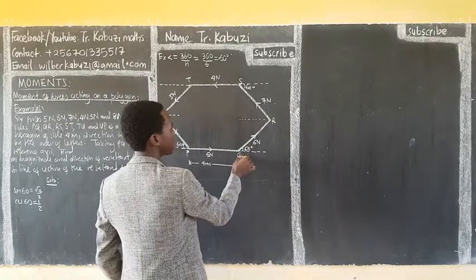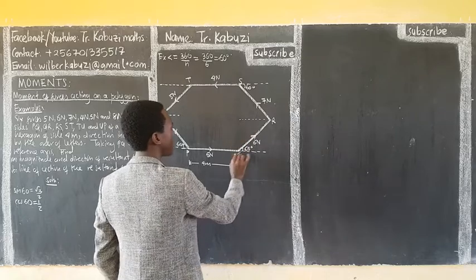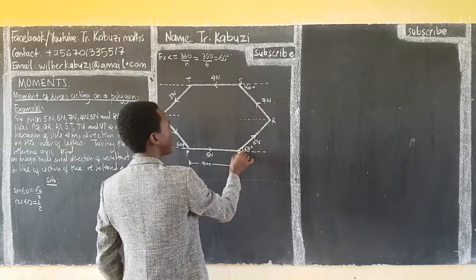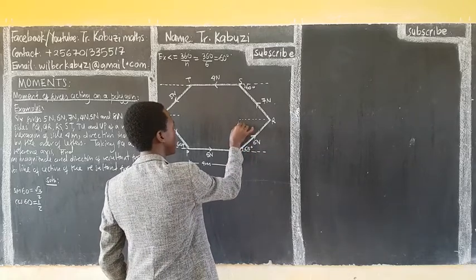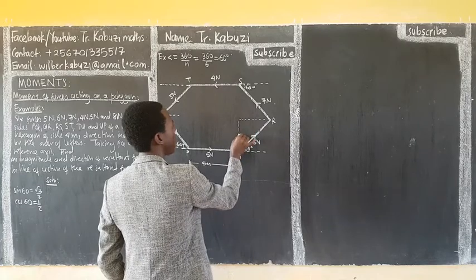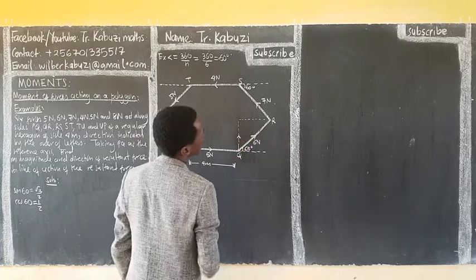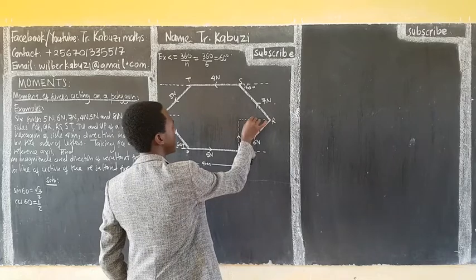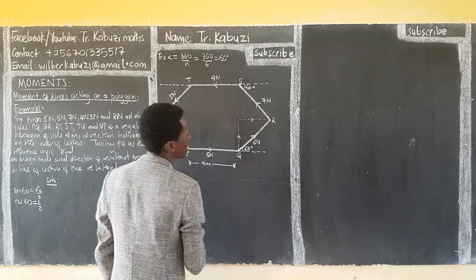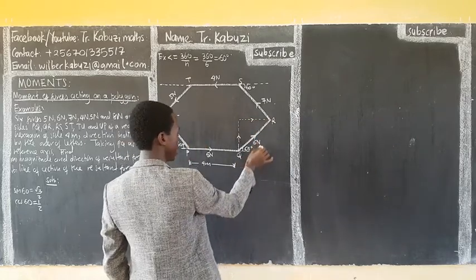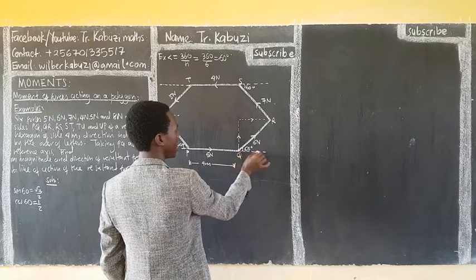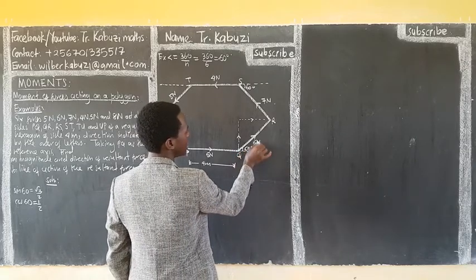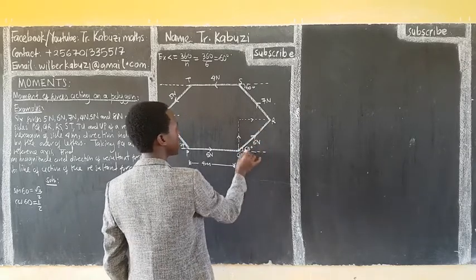So if this is 60, it means that we are going to get this force and then this force. So to get this force, we shall move like this, up. Then we move like that. Because you see that this one is going to be adjacent, this force here is going to be adjacent.